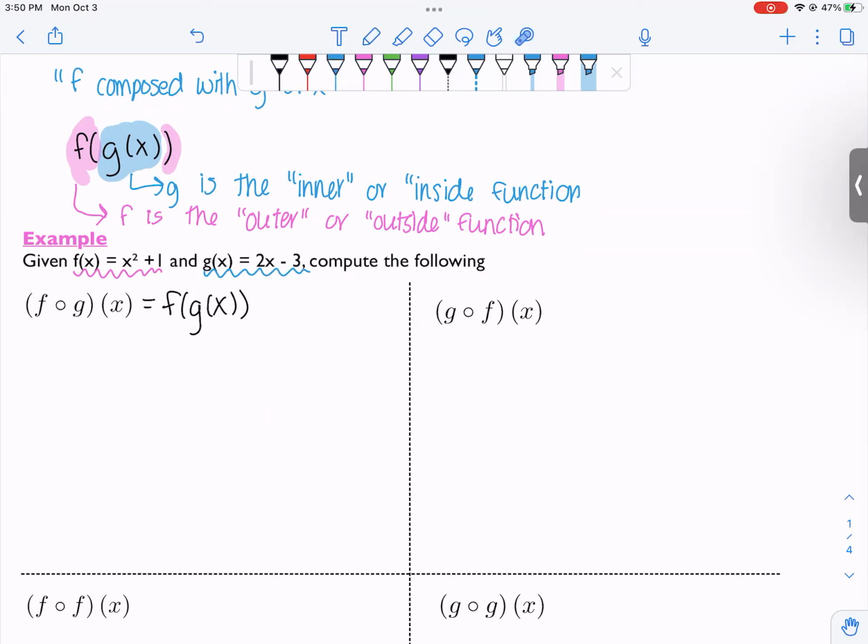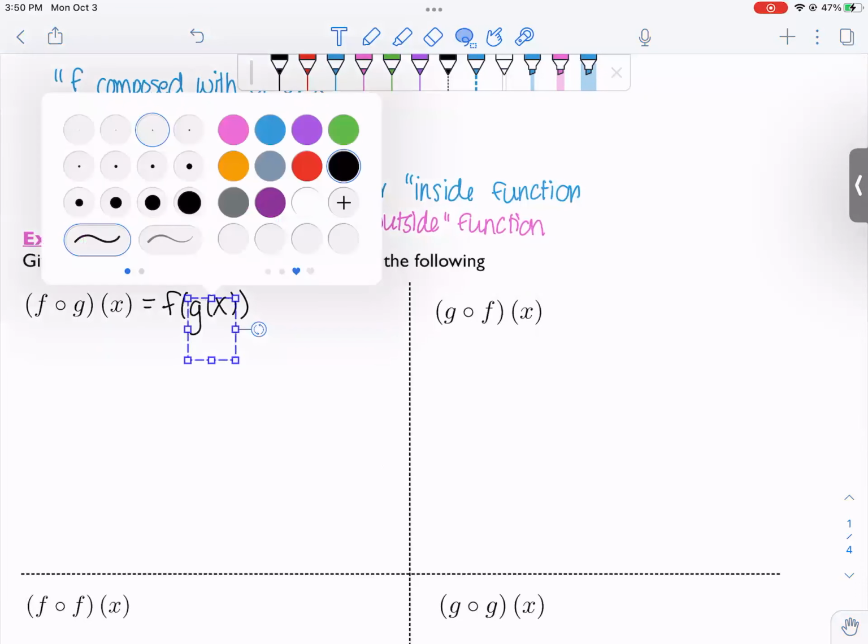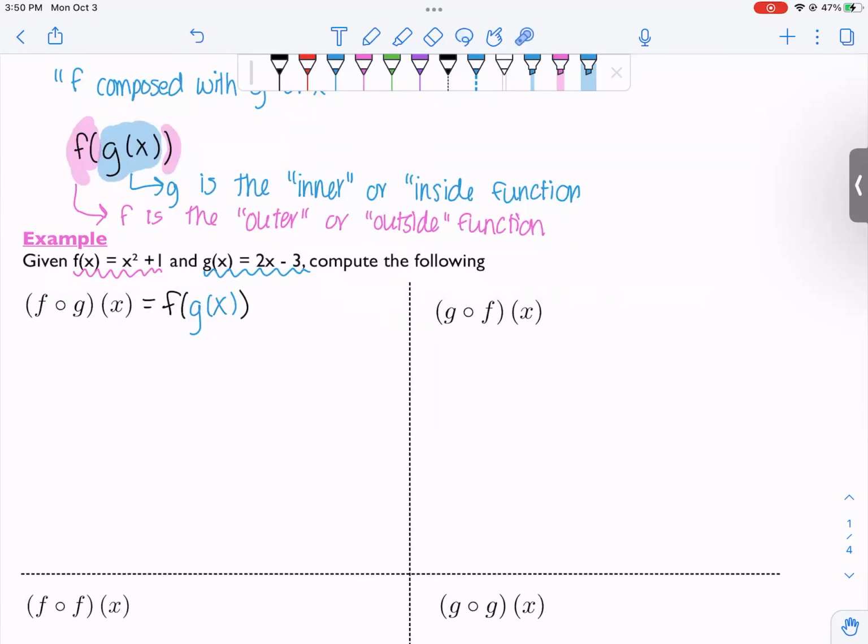So our function g of x we are replacing with 2x minus 3. Instead of g of x, we are writing 2x minus 3. I'm now taking 2x minus 3 and plugging it in for x in this function x squared plus 1.